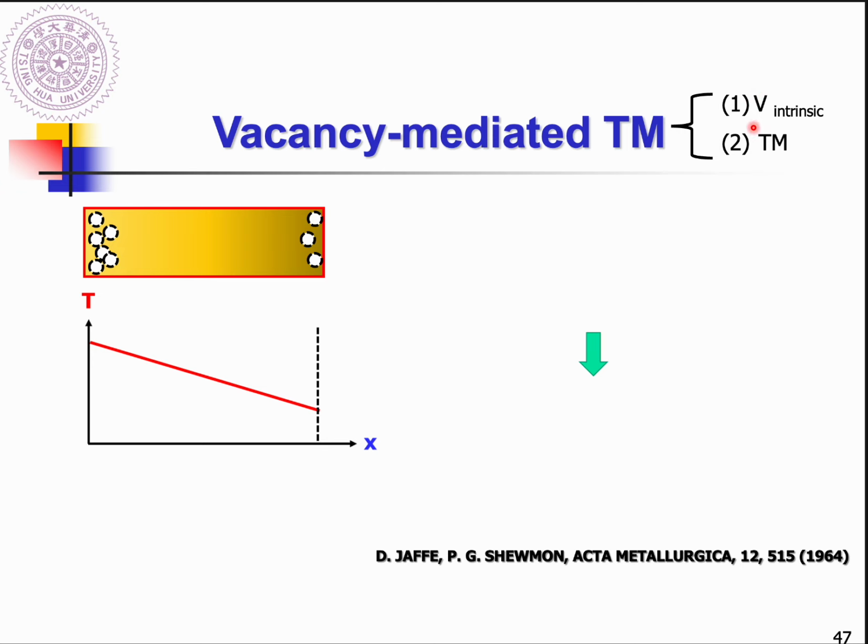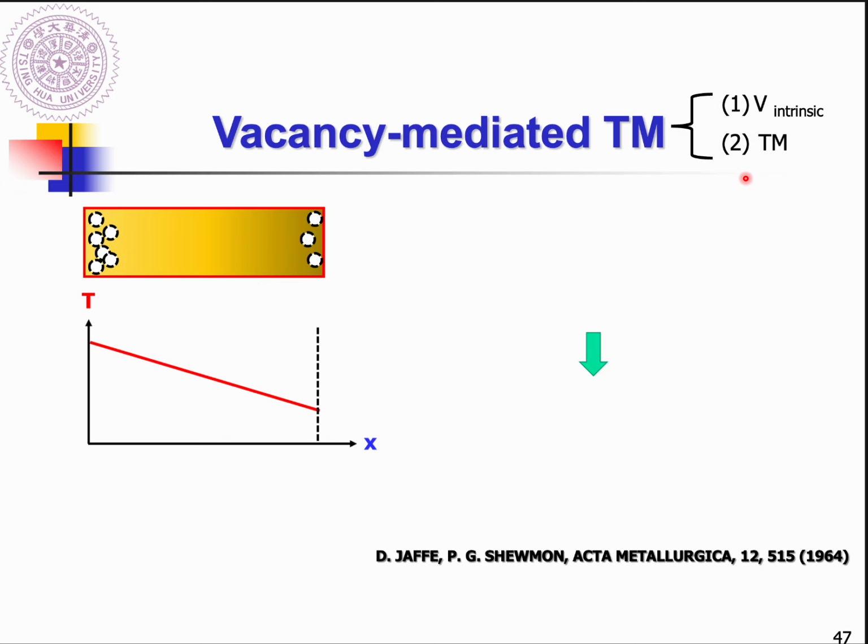The first one is the intrinsic vacancy, because the vacancy concentration varies with temperature, right? As long as you apply a temperature gradient on these materials, you can observe it is definitely accompanied by vacancy concentration variation along your material. Due to this variation, that will induce a vacancy flux. It means that there's also an atomic flux, right?